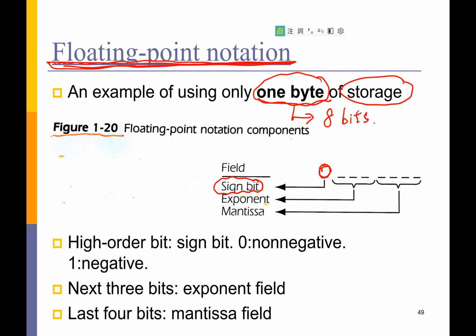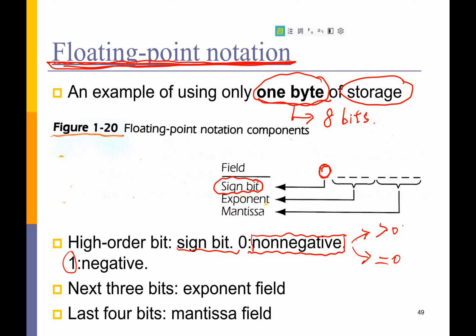Okay? If the sign bit is 0, it means the value it represents is a non-negative value. Why call it non-negative? In fact, so-called non-negative means a positive value or 0. So it can be greater than 0 or equal to 0. It can be either one of these cases.